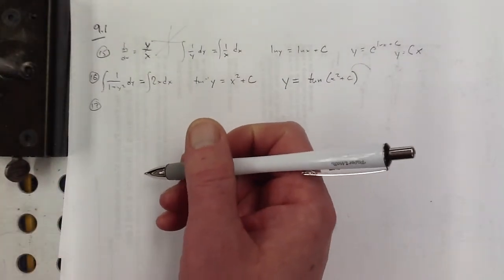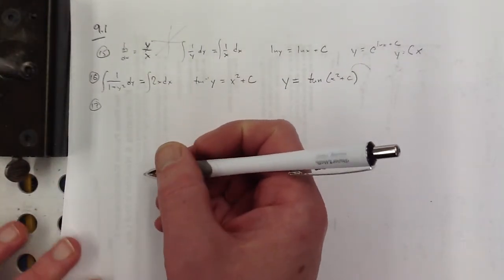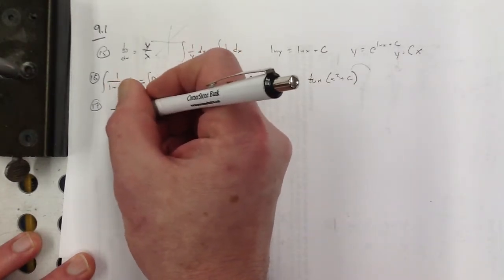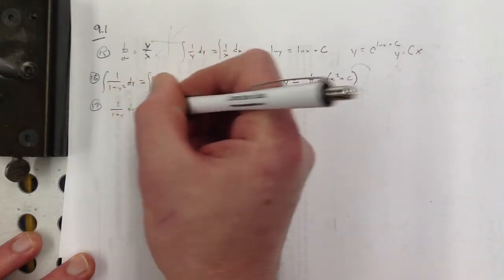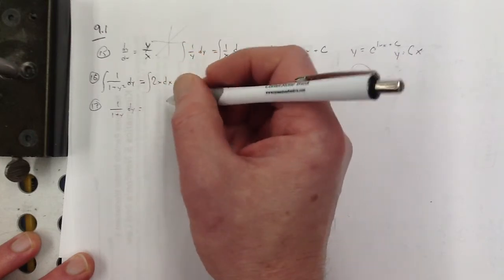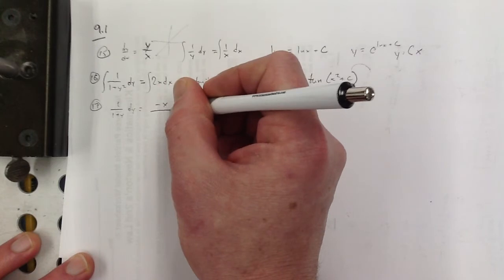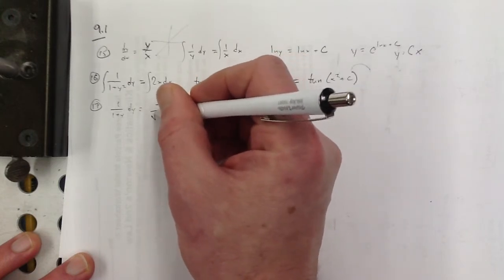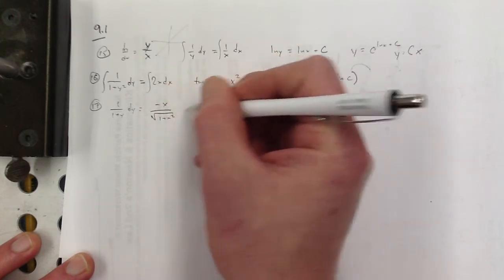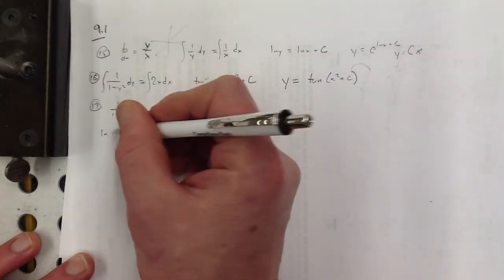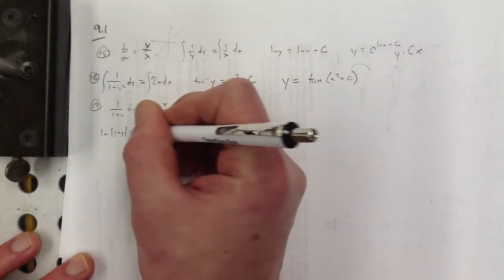All right, let's see. To separate here, I need to leave the y's over here. And then on the other side, I've got negative x over the square root of 1 plus x squared dx. Antiderivative of this is just natural log 1 plus y.